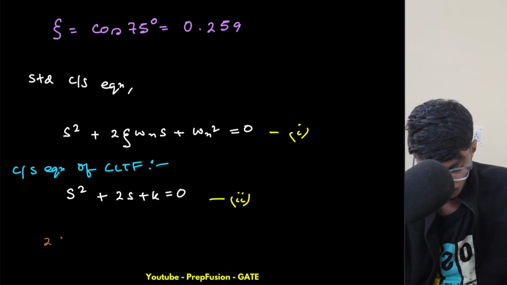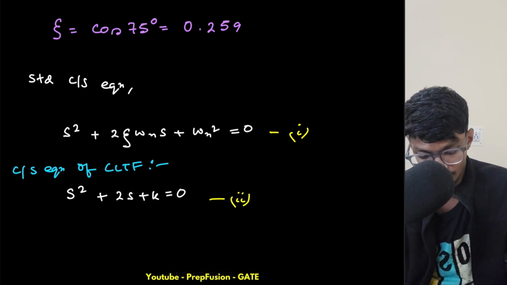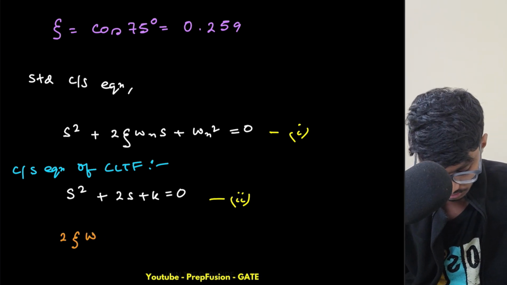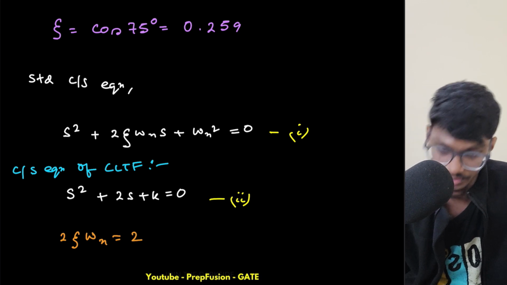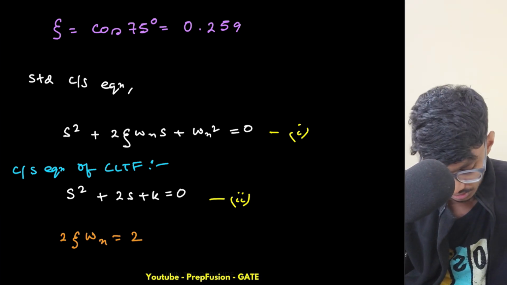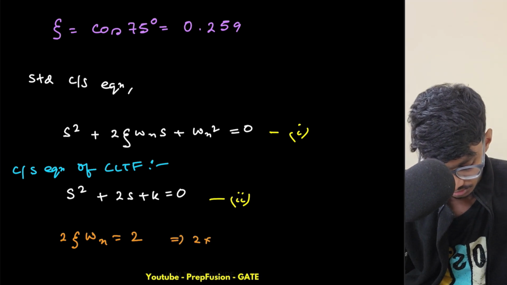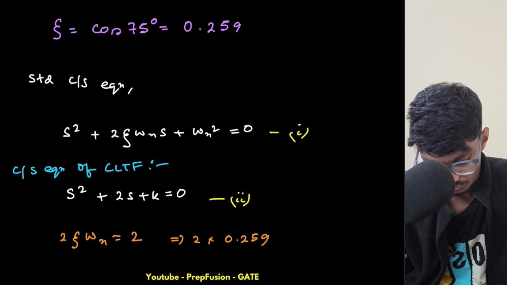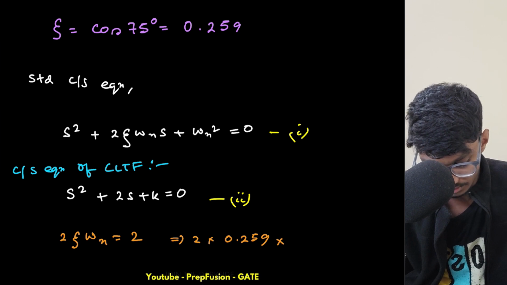So 2 zeta omega n equals 2 itself. Now zeta I know. What is zeta? Zeta is 0.259 into omega n.